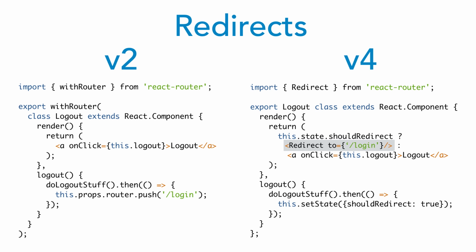So in the render method for the logout component, we're going to look at some state that's been set, and say, if the state indicates that we should redirect, then we're going to render a redirect, so to speak, to the login page. Otherwise, if shouldRedirect is set to false, we're just going to display a regular logout link. And then we control this redirect process by using setState in the logout method.